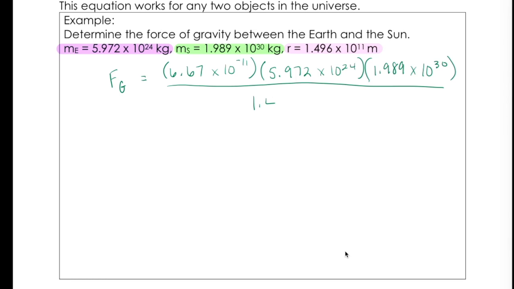So 1.496 times 10 to the 11th, and that is squared.